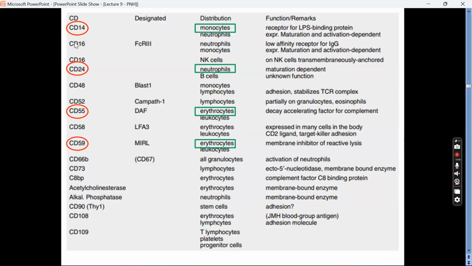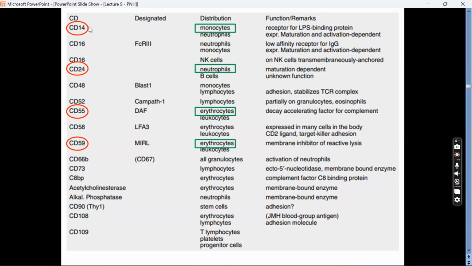You can ask me, sir, why we are not using CD16 for neutrophils, though CD16 is a GPI linked marker, and similarly, CD52 for lymphocytes, which is also GPI linked. But these markers are more robust, and it is easy to demonstrate their presence and absence by flow cytometry when compared to the other markers.